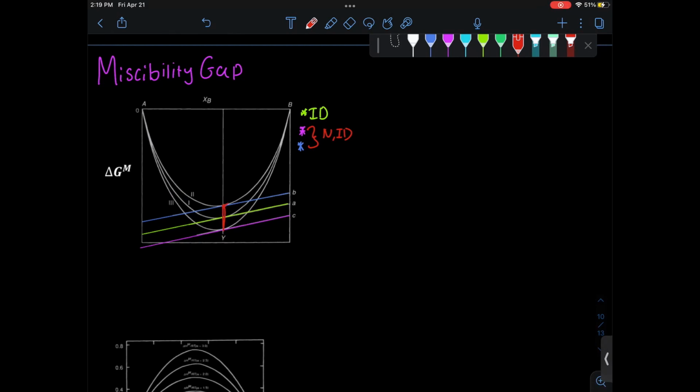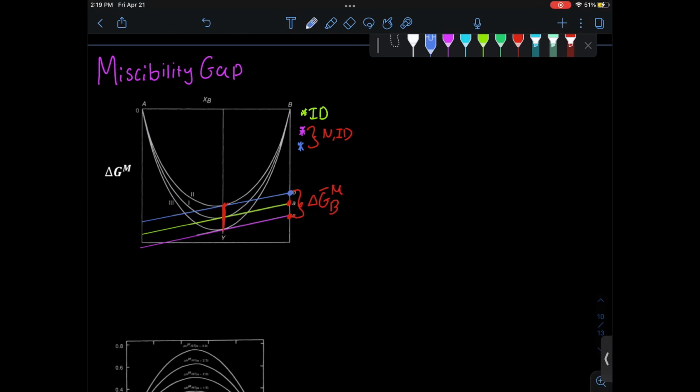If I take this tangent line at that composition, when I get to the y-intercept, this is the partial molar Gibbs free energy of mixing of B, since we have all of our B components. That's the partial molar Gibbs free energy of B for each example.